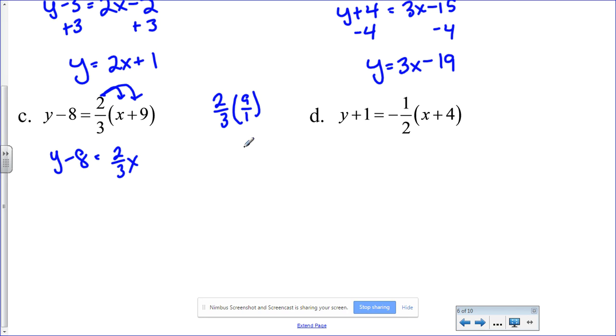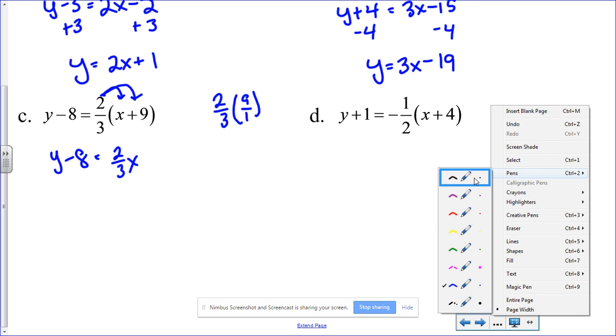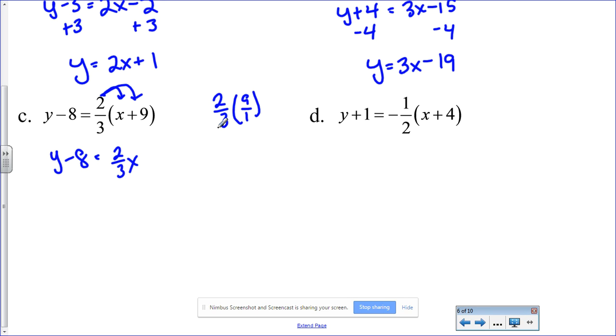Remember, 9 is the same as 9 over 1. So you can do this 2 ways. You can simplify first and then multiply straight across, or you can multiply and then simplify. I like to simplify first. I know that 3 goes into 3 one time, and it goes into 9 3 times.